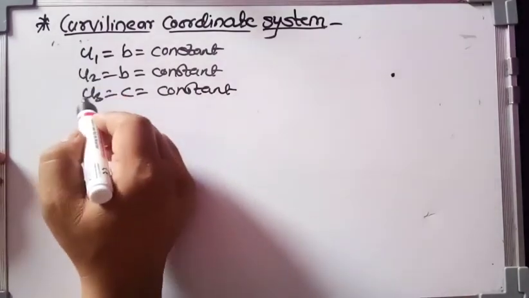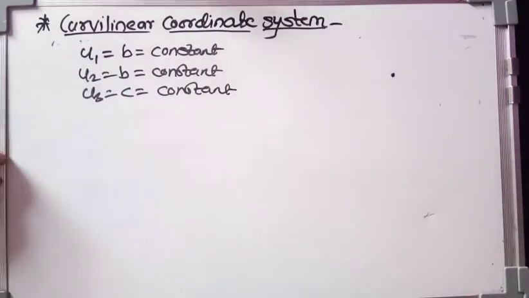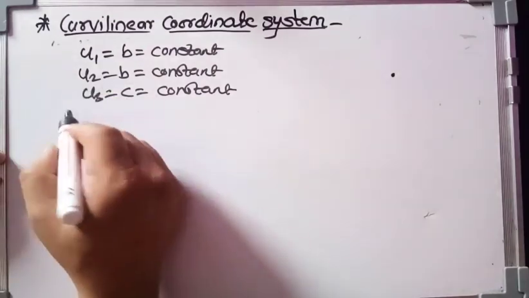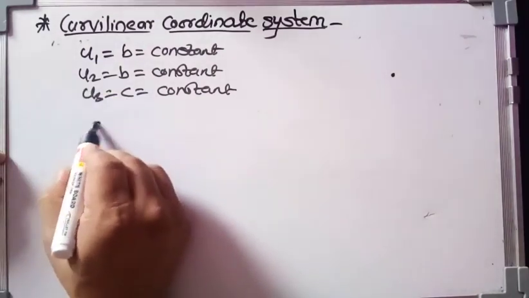These three represent three different surfaces in curvilinear coordinate system, and these surfaces are known as coordinate surfaces.